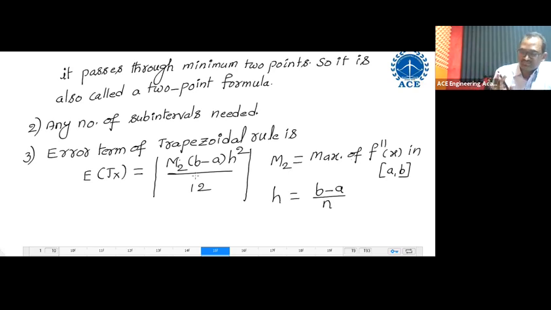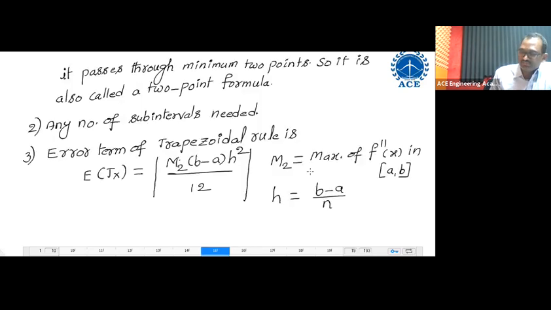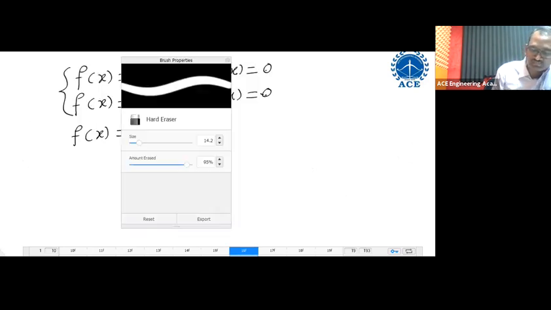So the trapezoidal rule gives a 100% accurate answer if F of X is a polynomial of degree 0 or 1, because in those two cases only F double dash X is 0, so M2 is 0, so the error is 0. Error 0 means we will get a 100% accurate answer.